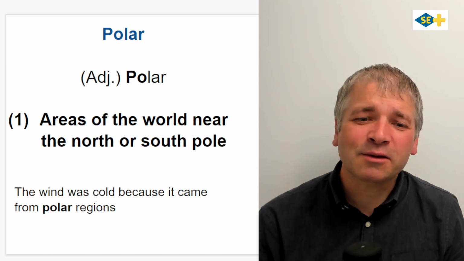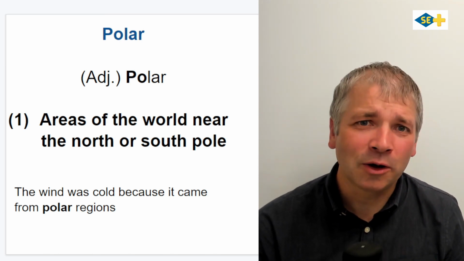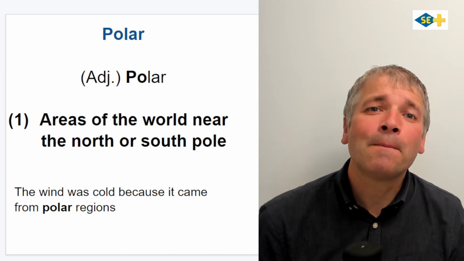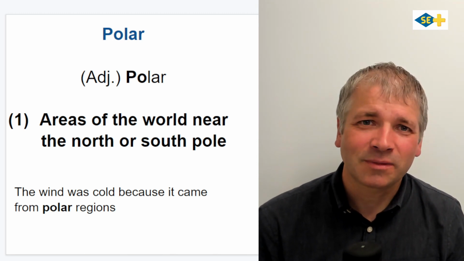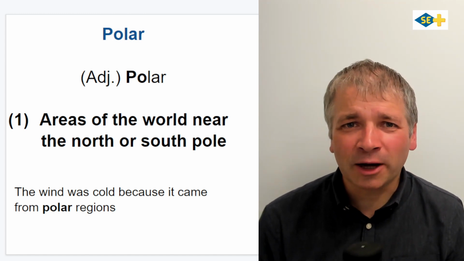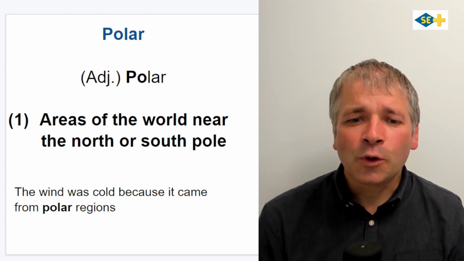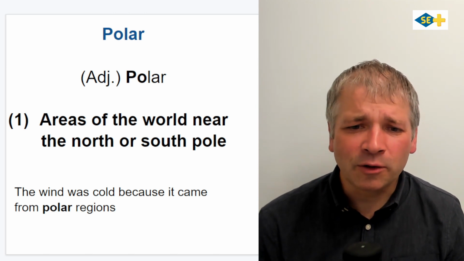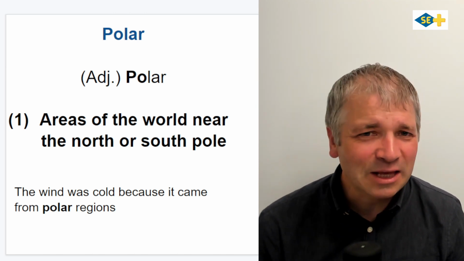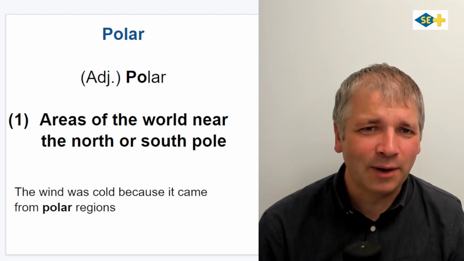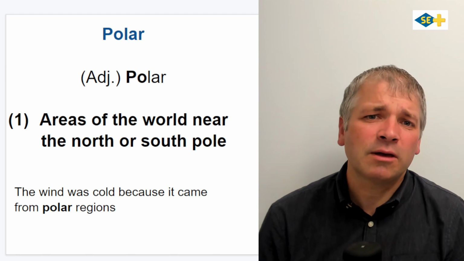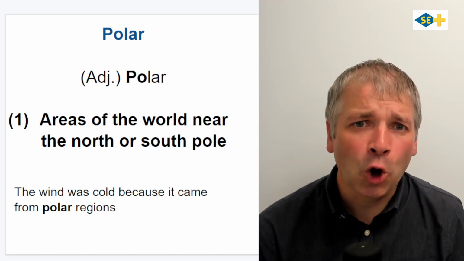So the Arctic Circle is a polar region and the Antarctic Circle is a polar region. So an example sentence might look like this. The wind was cold because it came from polar regions. So anything to do with the Arctic Circle or Antarctic Circle, North and South Pole, is described as polar.